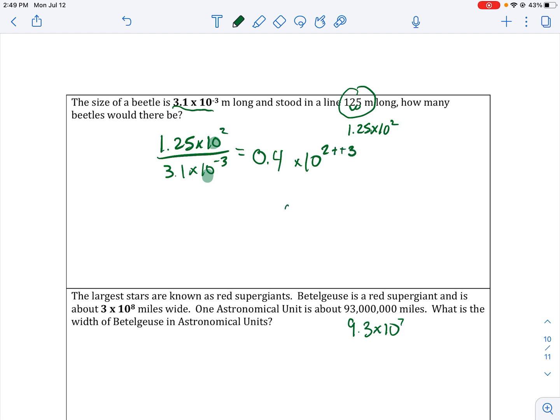So I get 0.4 times 10 to the 5th. Not yet in scientific notation. That's 4. I made this number bigger, so I need to make this number smaller. Or if it wanted just to know in standard form, which it probably does, I need to move this 4 more, which tells me there would be 40,000 beetles standing in line.